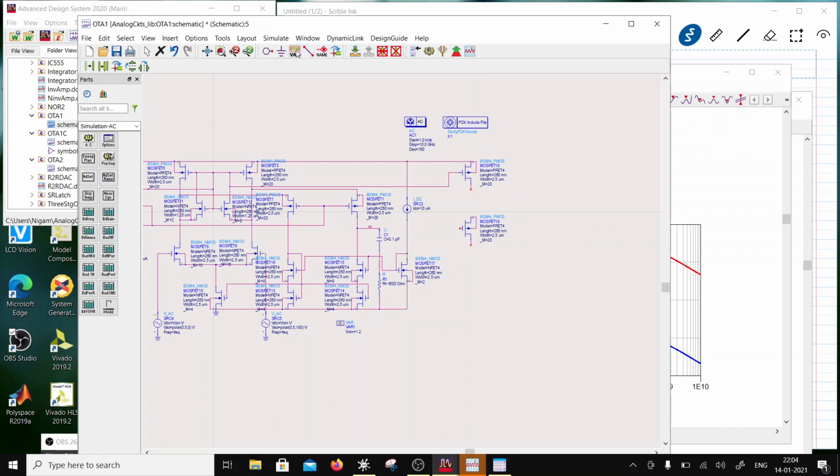So now the output will go to that follower, and the output here would be from the source, right? So this VO I will name over here as VO, and I'll simulate that. So what I have done is I have given a source follower stage to a OTA. Okay, this will have slight impact on the performance.